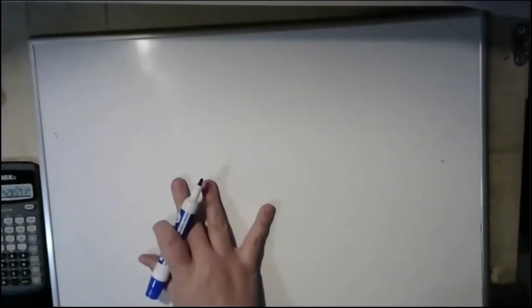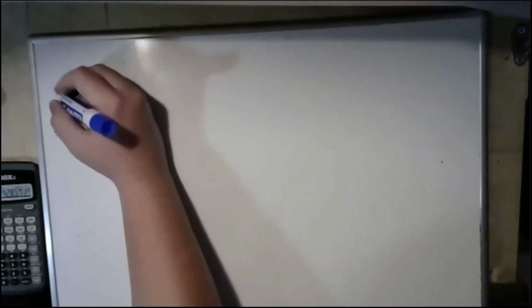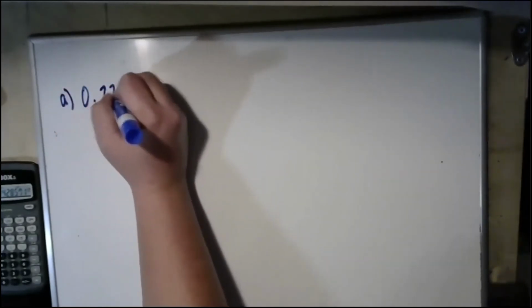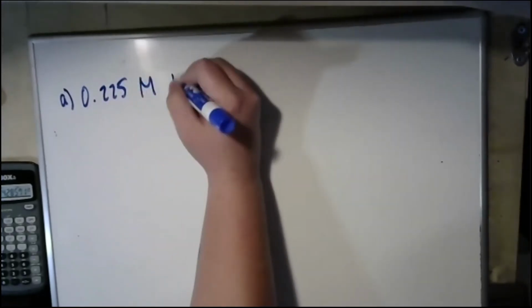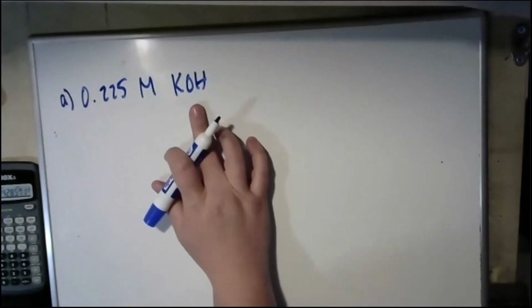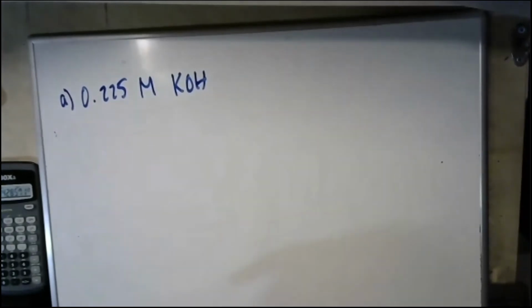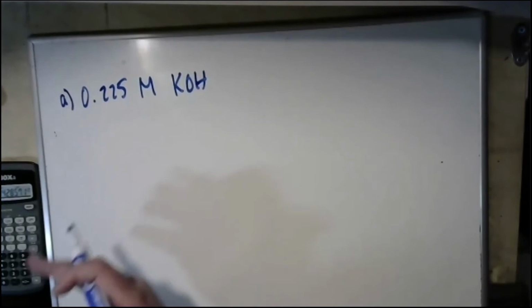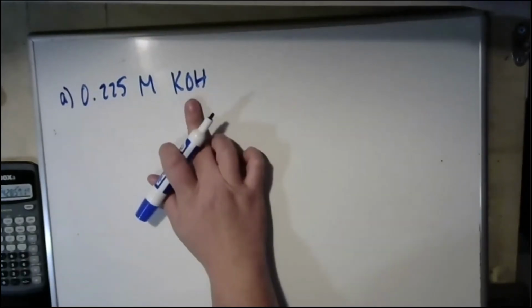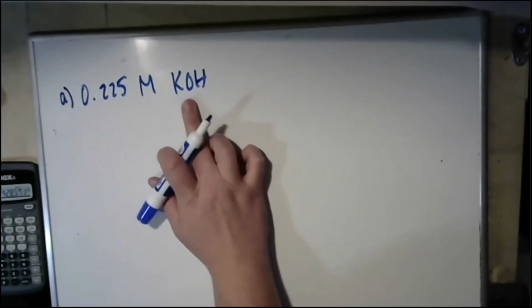So we're going to start with the easy one. They give us 0.225 molar KOH. When you're dealing with bases and trying to figure out the pH or the hydroxide ion concentration from a strong base, the first thing you need to do is look at the ionization of the base.